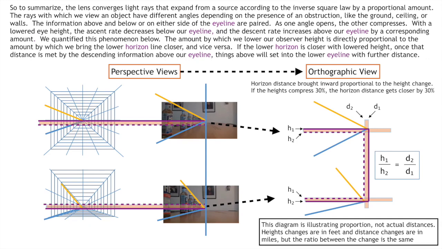I am not implying that the horizon line within the lower picture has moved to the left, or excuse me, the vertical vanishing line has not moved to the left. It is still within the center of the picture, just like the vanishing point is along the top picture. But this is just conceptual to show you that they move in by that amount. That amount that you lowered is the same amount by which you decreased the distance.